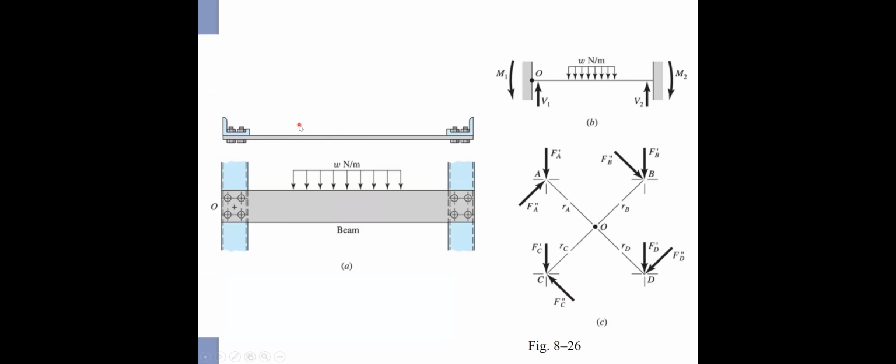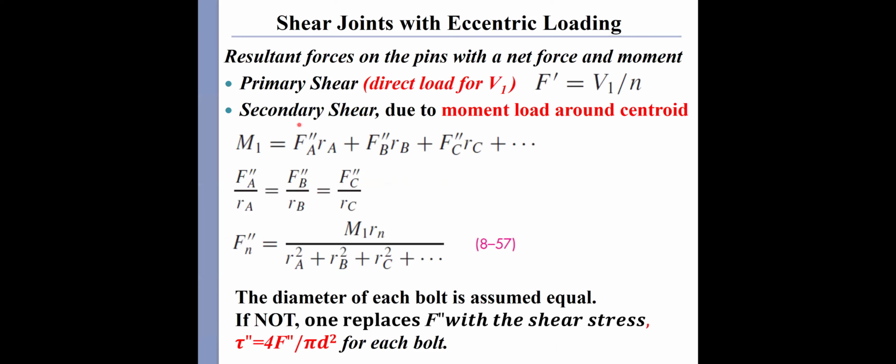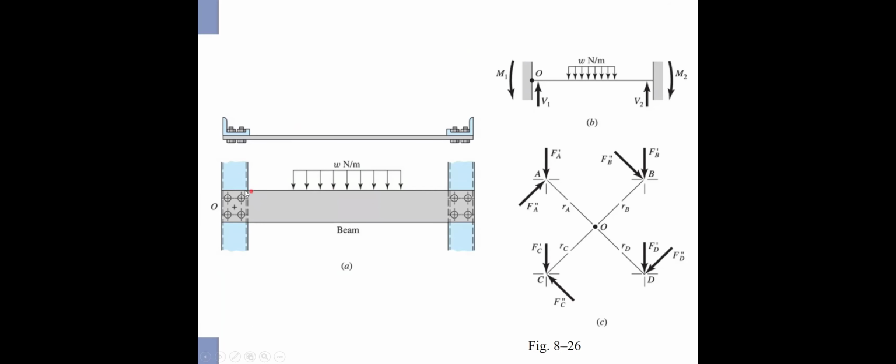So in this case, for this shear joint with the eccentric load, if we have a beam with two joints here and here, each joint with four bolts and nuts.